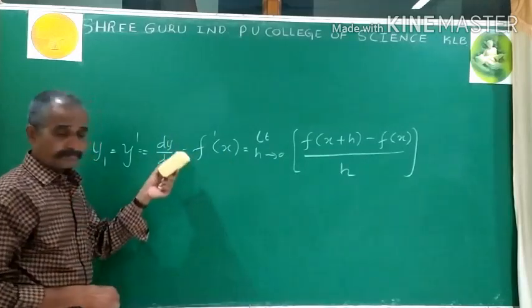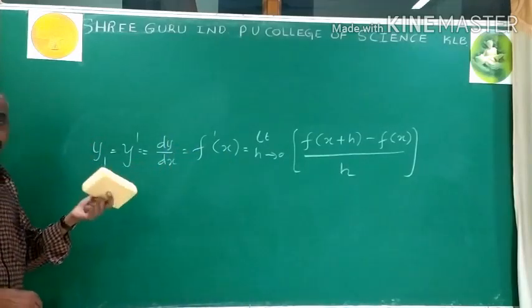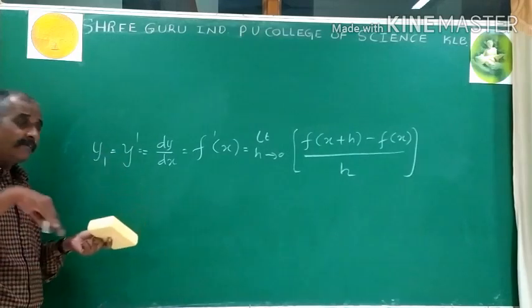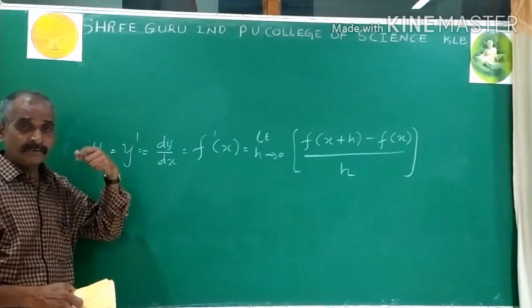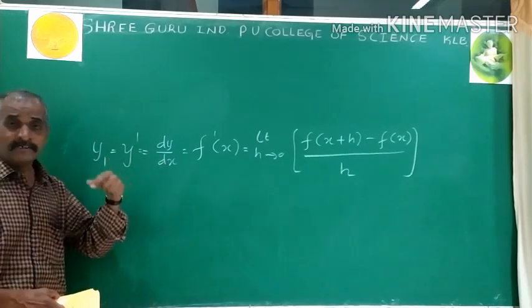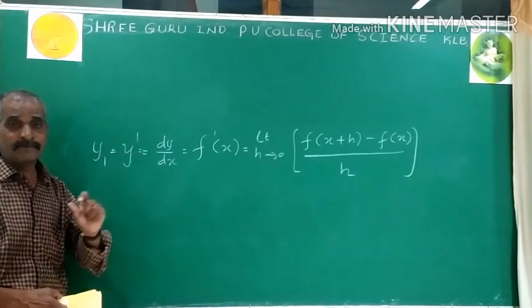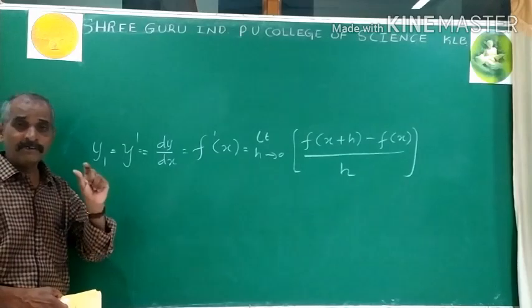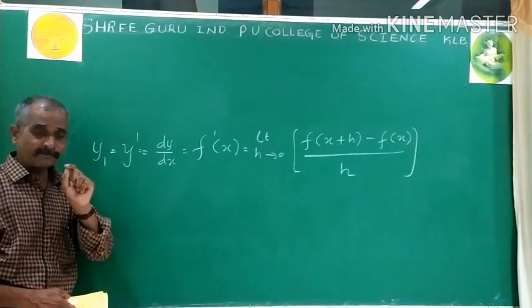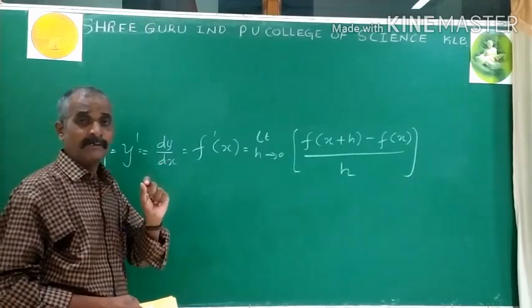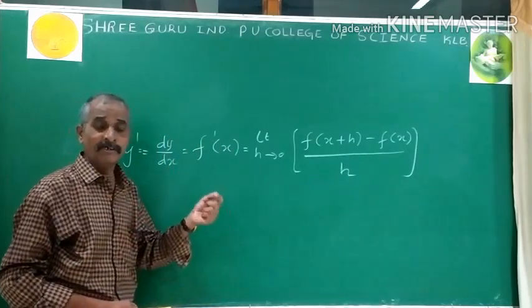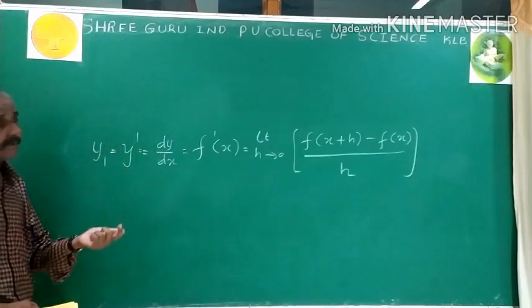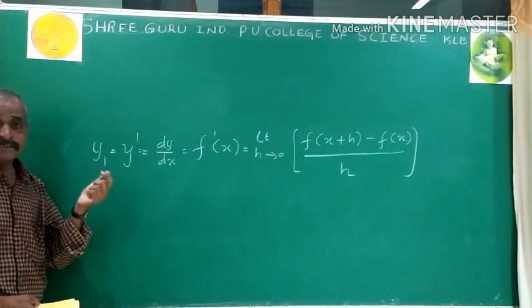Further, f dash x is called the first order derivative, and in future classes one can study higher order derivatives also, like second order, third order, fourth order. But as far as second PUC is concerned, only second order, and at most third order can be taken, but not beyond that. For higher classes, you will go for fourth order, fifth order. In general, nth order can also be considered.